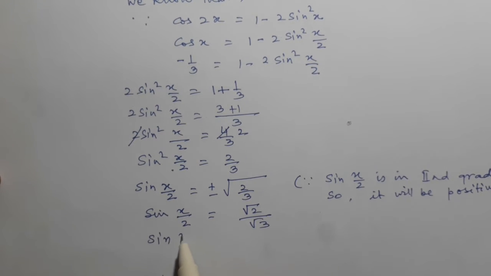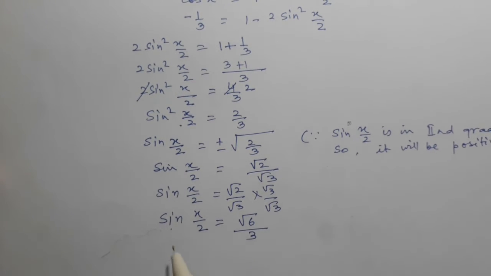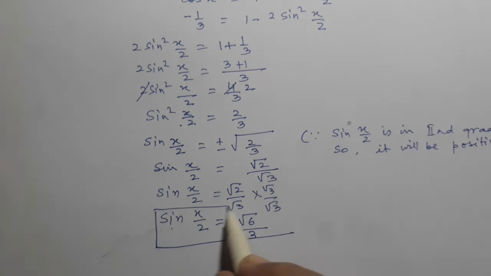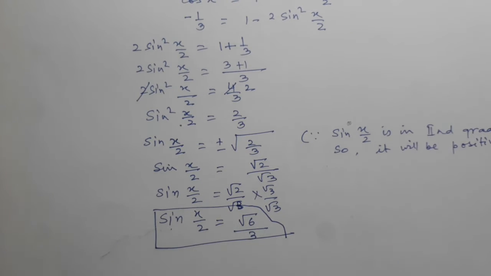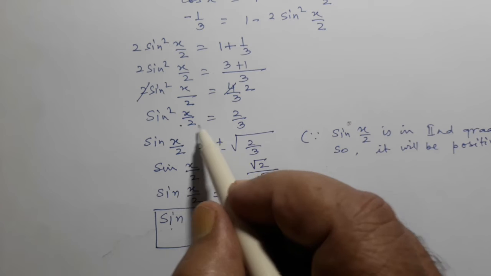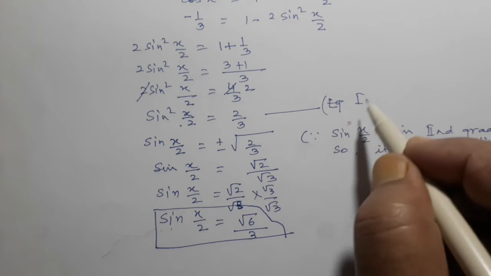So sine x by 2 will be root 2 by root 3 into root 3 by root 3, that is root 6 by 3. So this is our first value, and sine square x by 2 is equal to 2 by 3. We shall take it as equation 1, right?